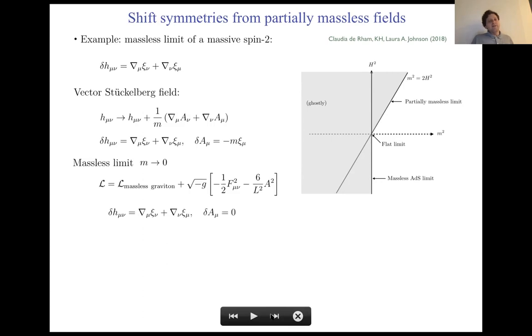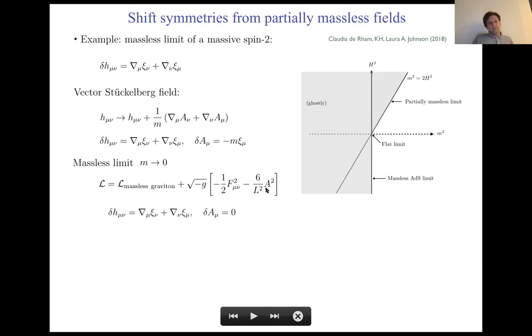When we do that, we have to introduce a vector Stuckelberg field, because that's patterned after the gauge symmetry that we're trying to restore. So we reintroduce this vector field A mu, and now there's a gauge symmetry that shifts A mu. In the massless limit, we get a massless graviton plus a proto-Lagrangian for a massive vector for this field that we introduced.